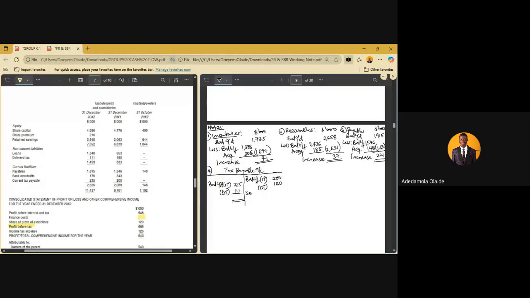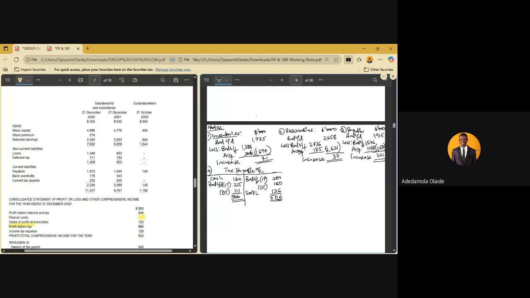For the year, the tax charge is 126. So what is the total here and what is the balance? I'm getting 160.